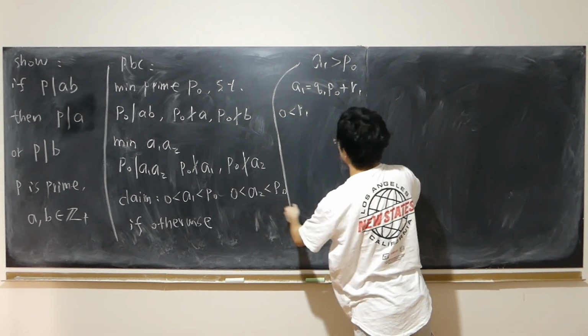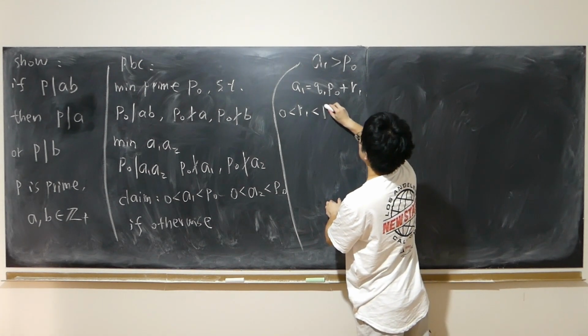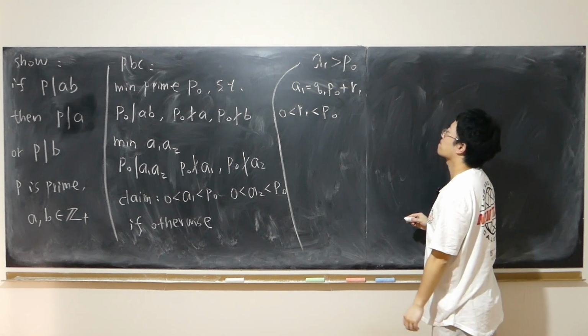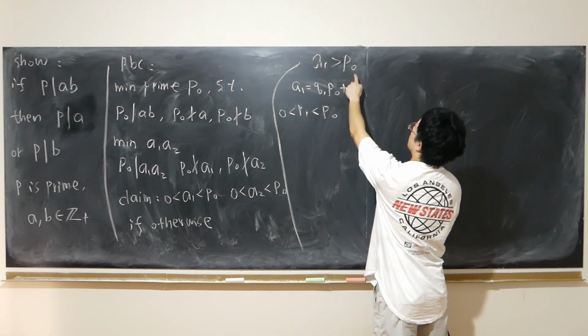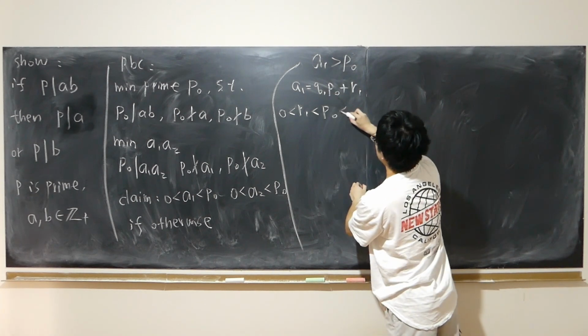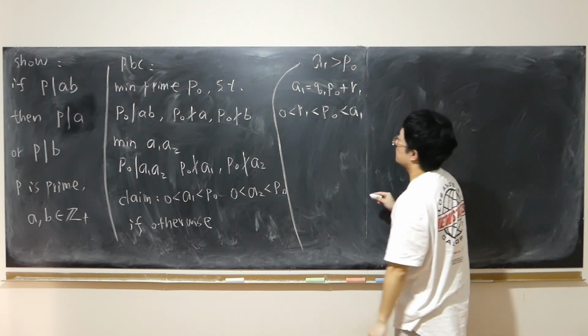And it is strictly smaller than the divisor P naught, for the same reason. Now, since I assume P naught is smaller than A1, R1 is smaller than A1 in this case.